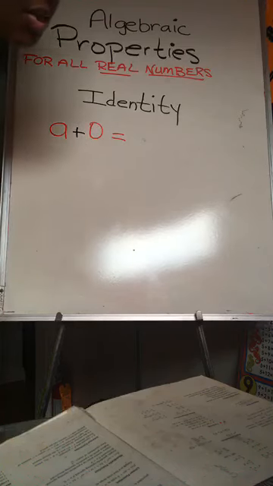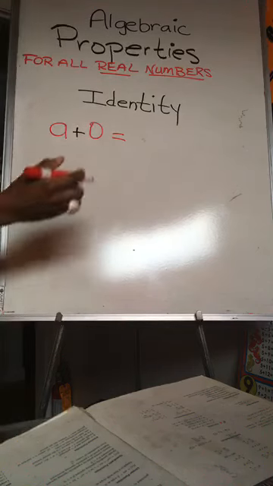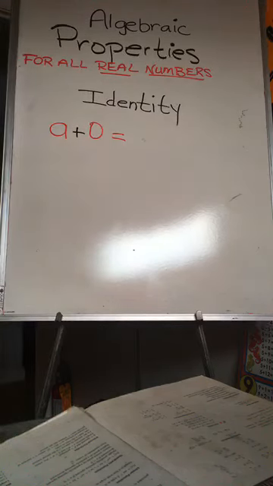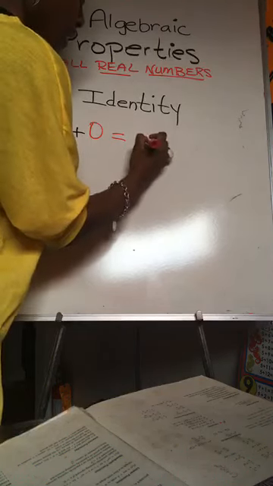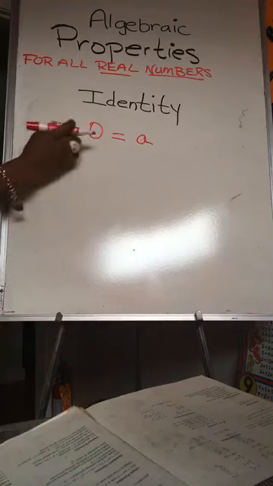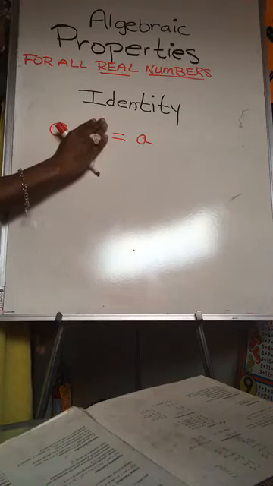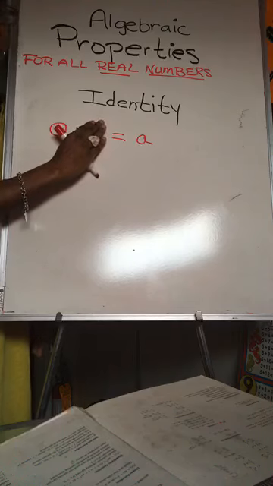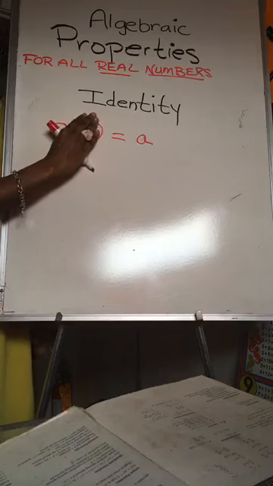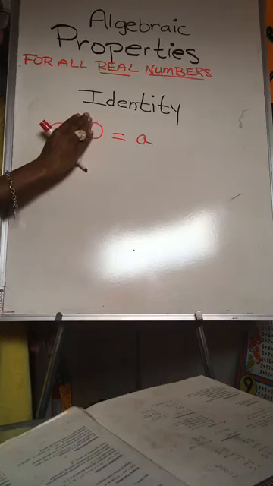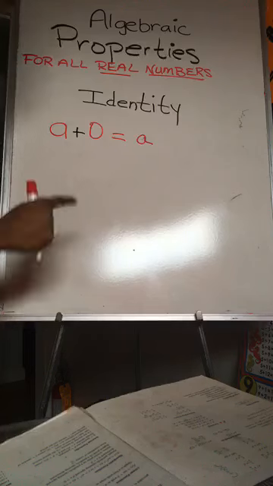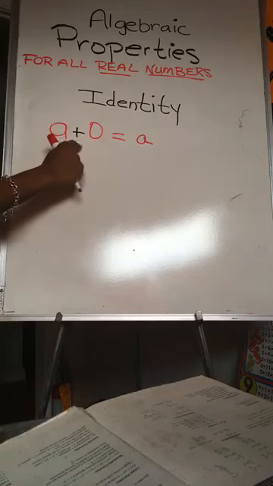What do you think A plus nothing is? That is equal to A. Because if you put your hand over the 0, it means nothing, so you're left with A. So that's what the identity is for addition.